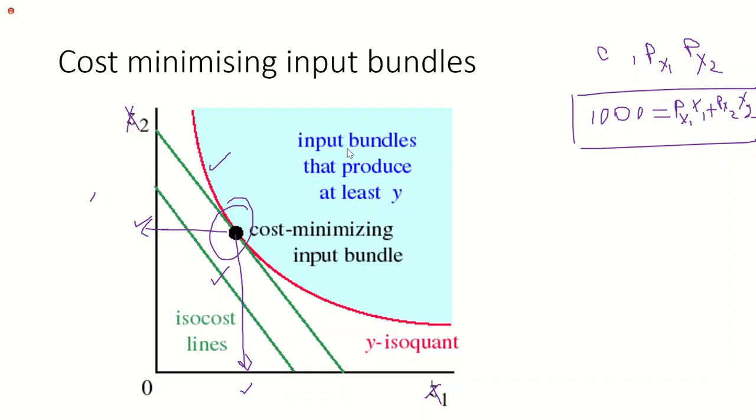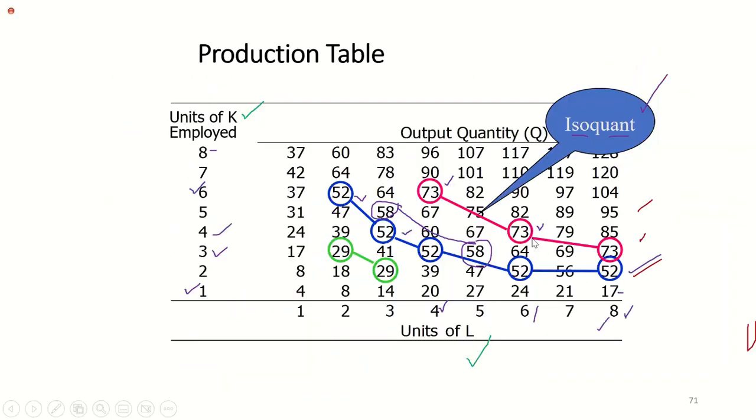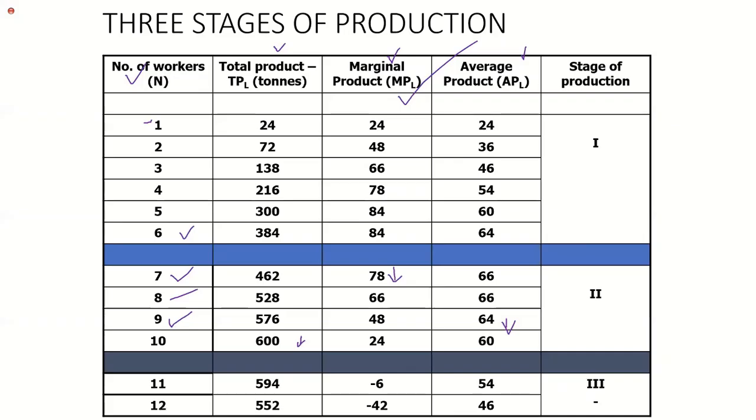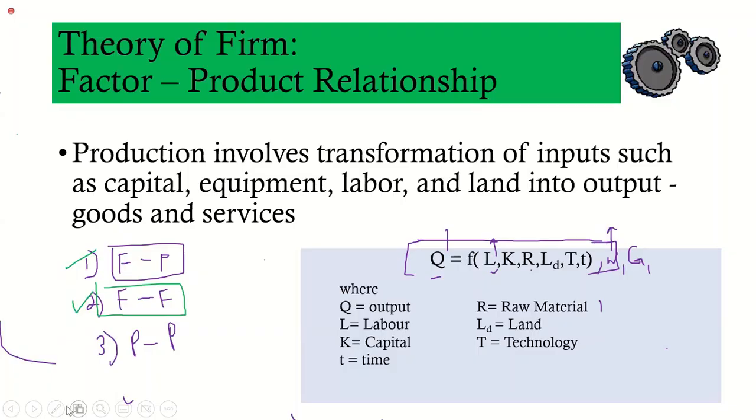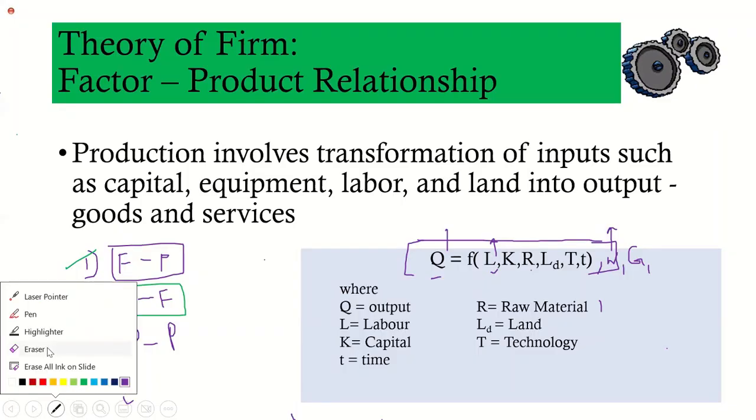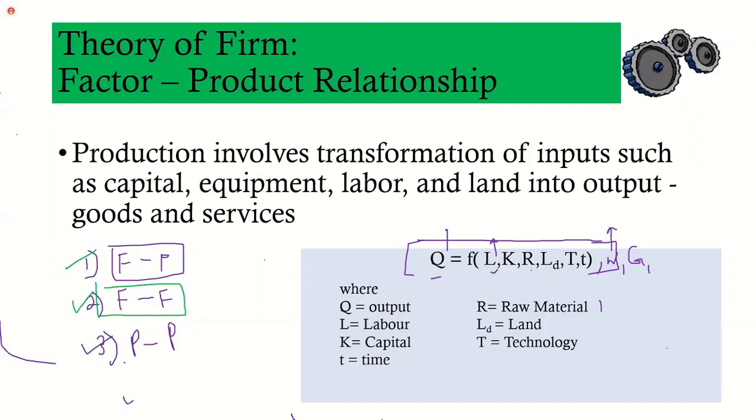Right, so we now looked at two types of relationships. And now we're going to look at the third one. Okay, the product-product relationship.